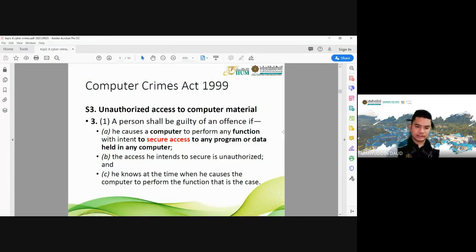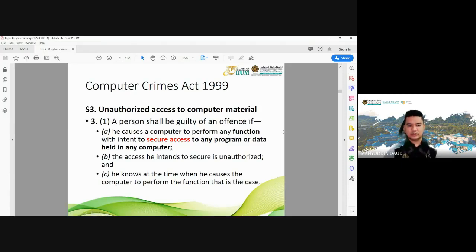That's the first element. Second, the access he intends to secure is unauthorized. And third, he knows at the time when he causes the computer to perform the function that this is the case. So this is the mens rea, knowledge. He knows that what he is doing is causing a certain function to be done.